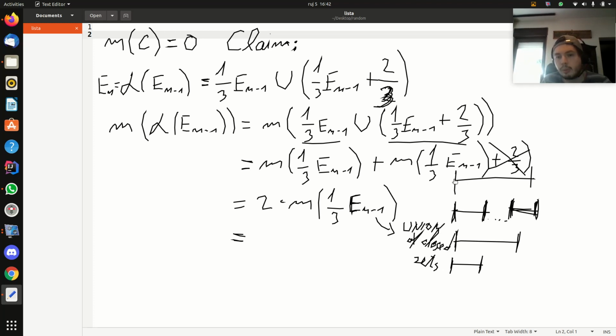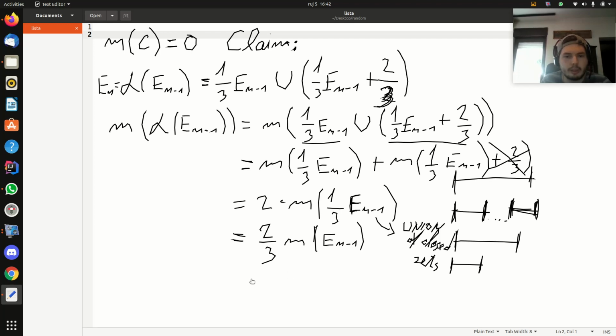Because while we're constructing the Cantor set, you can see that at each step we just take out the middle third and we're left with disjoint closed sets, unions of them. And when we have a closed set and we shrink it down by a third, its measure just shrinks down by a third as well. So this is going to be 2/3 of the measure of E_{n-1}. Okay.